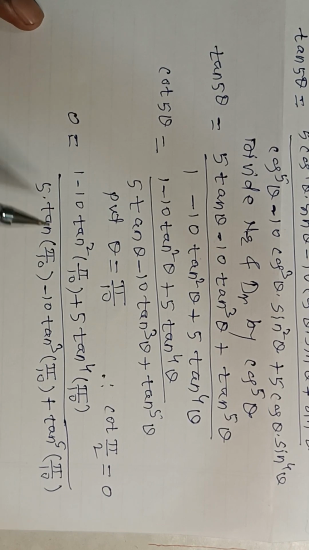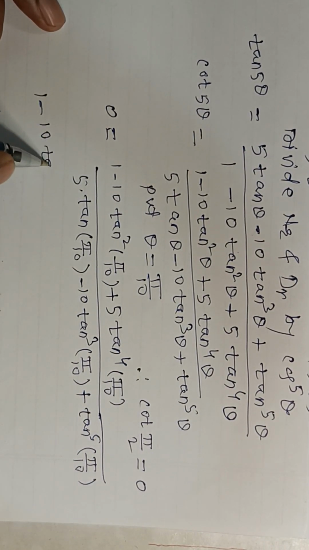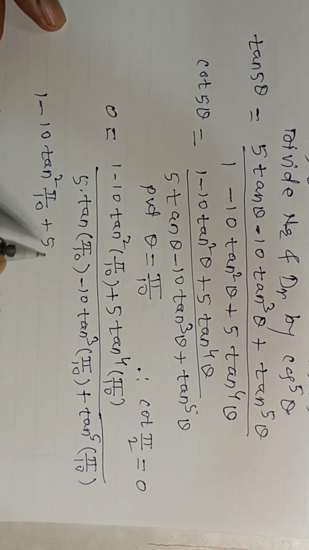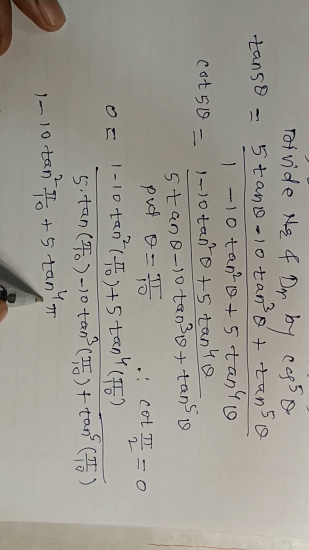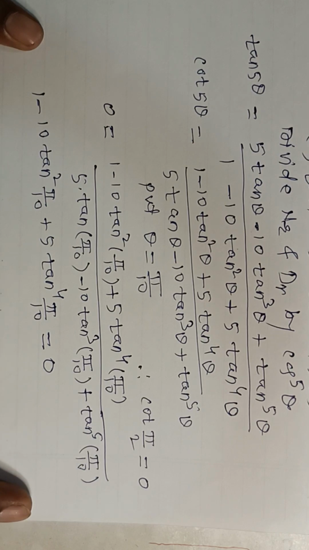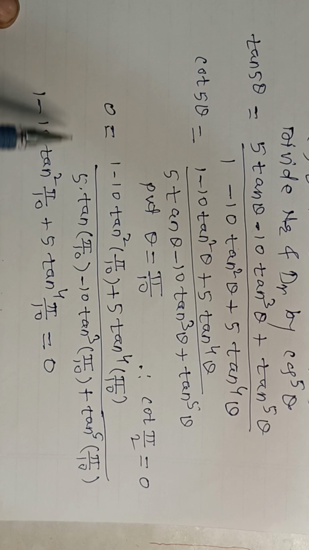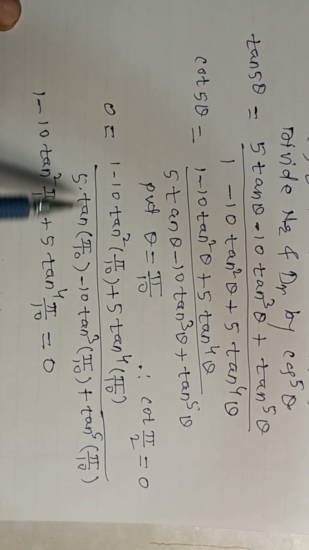So we can write numerator 1 minus 10 times tan square pi by 10 plus 5 times 4th power of tan of pi by 10 must be equal to 0.